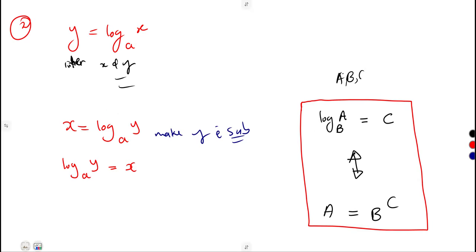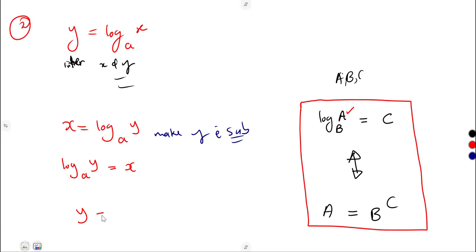So now let's consider this idea. What are we saying? A represents what? That's our Y in this case here. So therefore, y is equal to what? B to the exponent of C. The B is the base, our a, to the exponent of what? To the exponent of x as it is. It's a conversion from our logarithms.